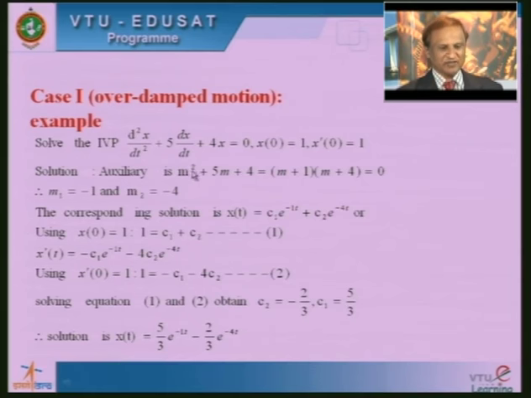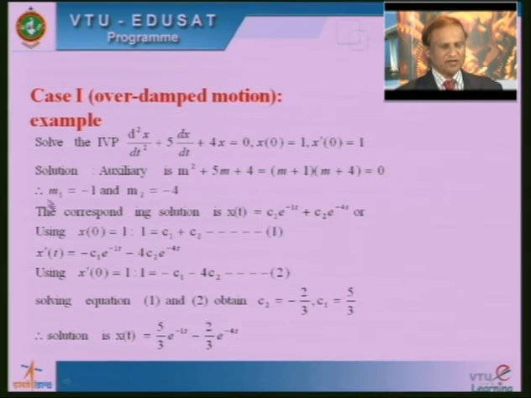So what can we obtain? We can obtain m square plus 5m plus 4 is equal to 0, and this algebraic equation can be written in terms of factors: m plus 1 into m plus 4 is equal to 0. Therefore m1 is equal to minus 1, m2 is equal to minus 4.